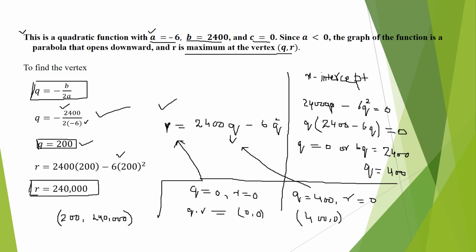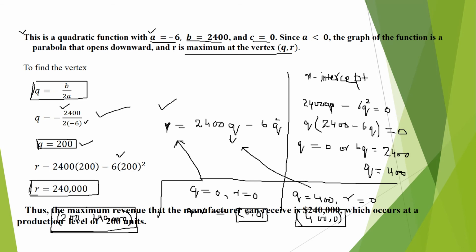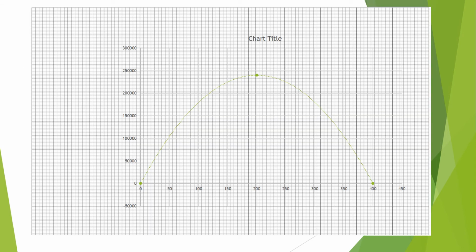Now we need to draw a quadratic equation graph that maximizes the manufacturer's total product. So this is the vertex, and these coordinates are for the x-intercepts. Now let's have a look at how to draw a graph. So dear student, here we have a quadratic function.